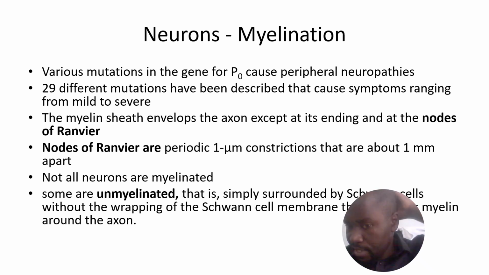There are points where there will be no sheath, and these are called the nodes of Ranvier. They are constrictions of about 1 micrometer, around 1 millimeter apart, and these are important in ensuring saltatory conduction of impulses.